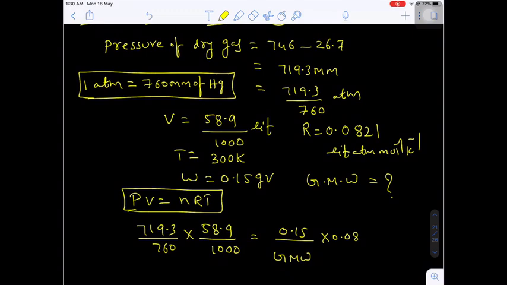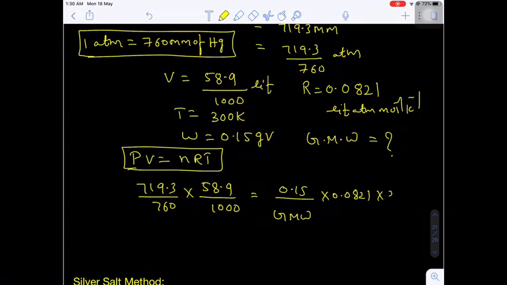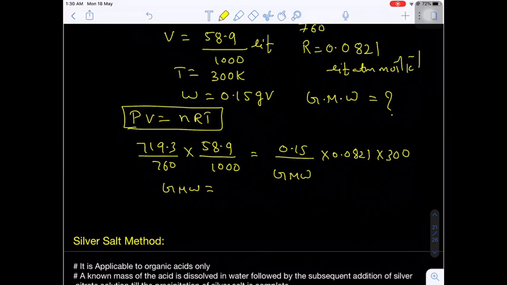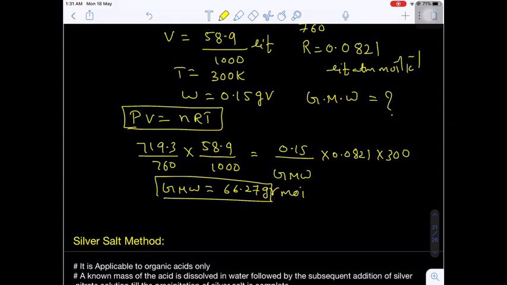R value 0.0821 and temperature is 300 Kelvin. So from here we can calculate the gram molecular weight of the substance, which will be 66.27 gram per mole.